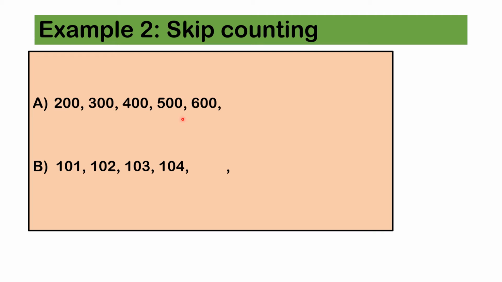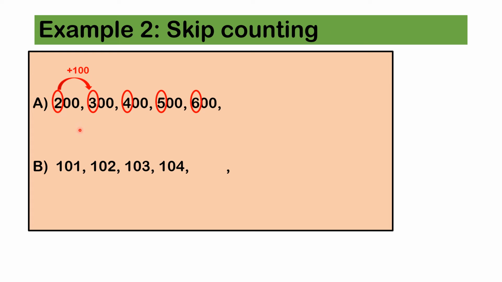What do you notice here? What is changing and what remains the same? There is a change in the hundreds, where the numbers go from 2 to 3 to 4 to 5 and to 6. This means since there is a change in the hundreds, we are adding 100.